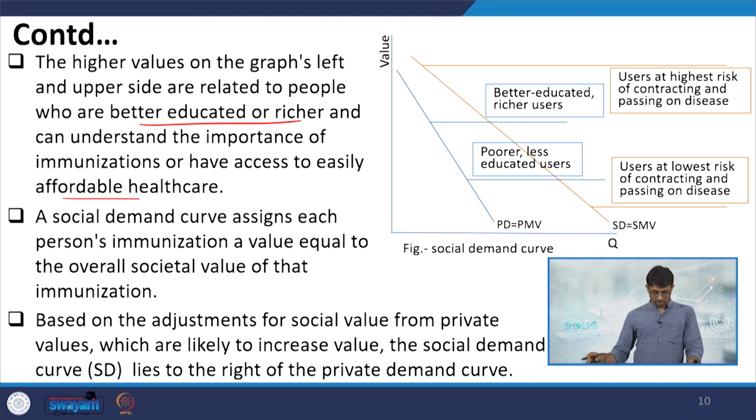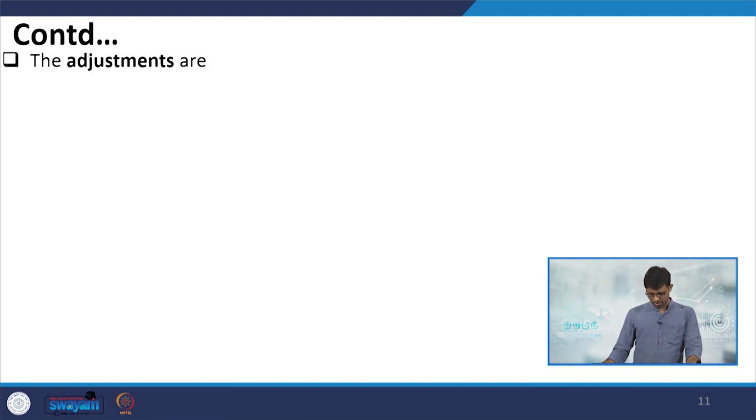It also depends on the risk. Risk is one of the factors, and that is not one which we find too relevant for individual valuation. So, based on the adjustments for social value from private values, which are likely to increase value, the social demand curve lies to the right of the private demand curve.